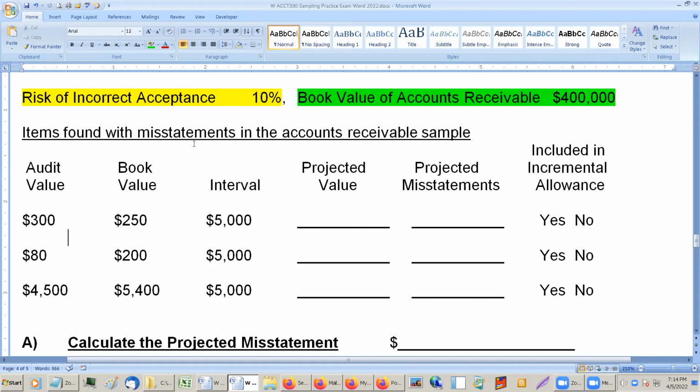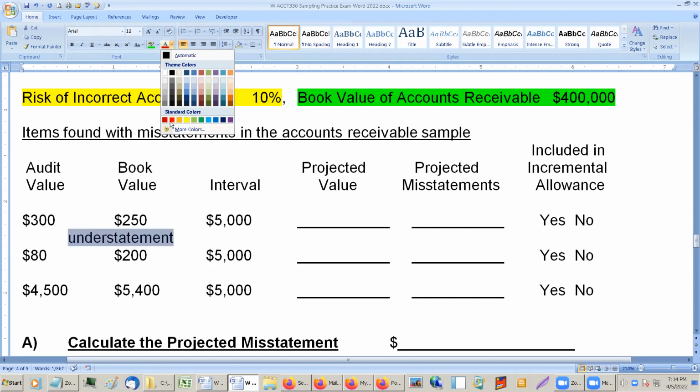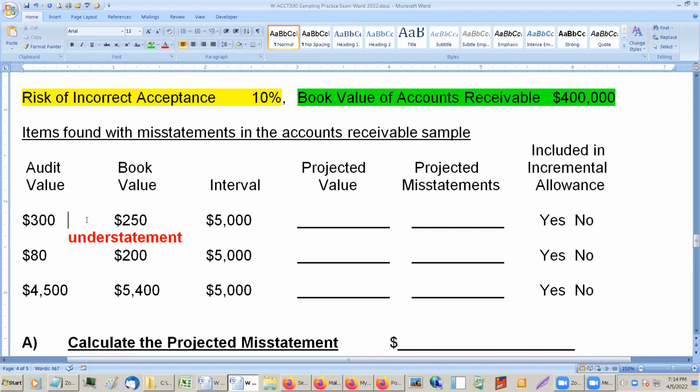We're not supposed to find these. The audit value is higher than the book value.